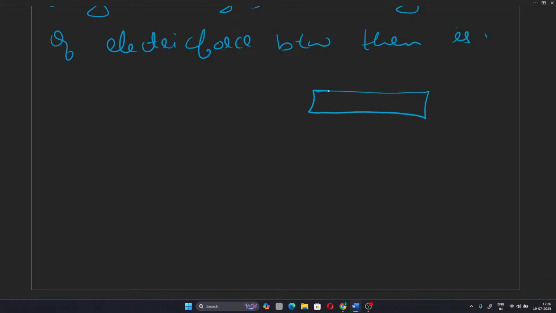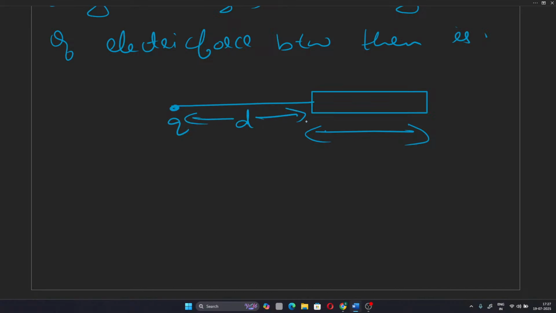This is a non-conducting rod, and there is a charge here, that is q. The length of the rod is L, and the distance between the charge and one end of the rod is d. Then they are asking the magnitude of electric force between them.